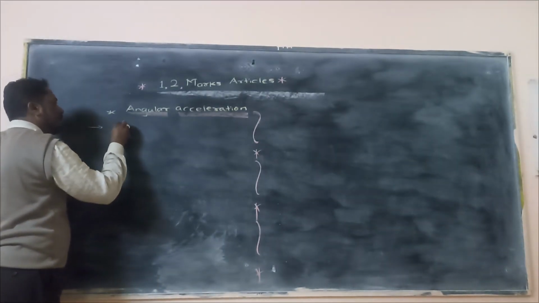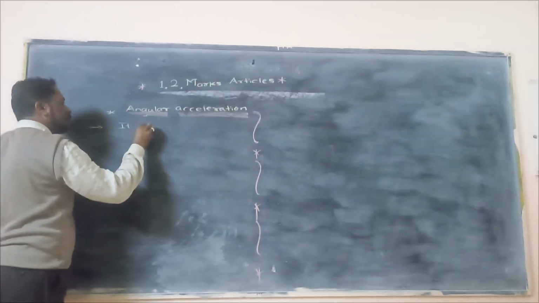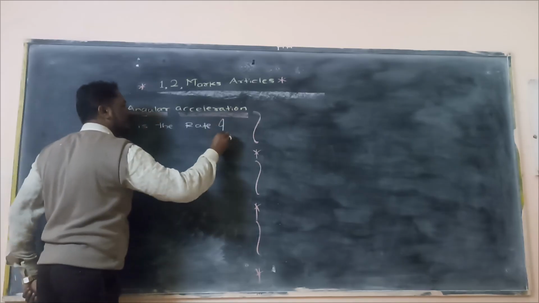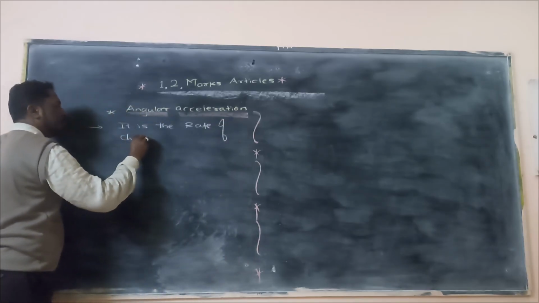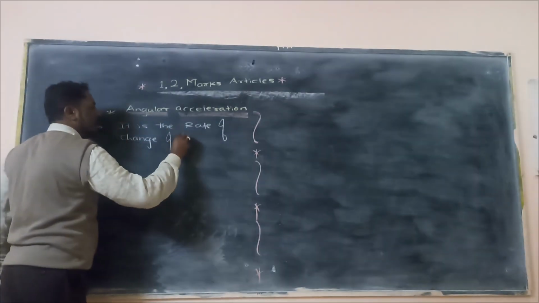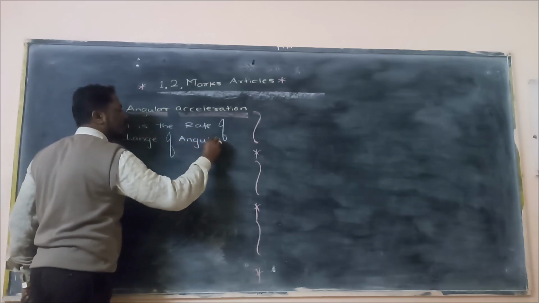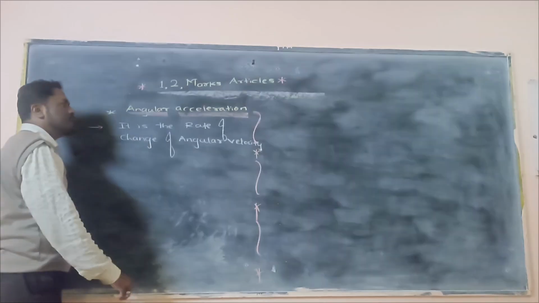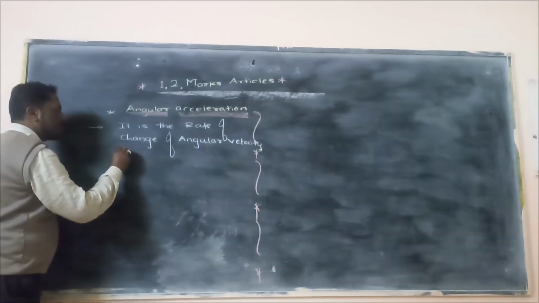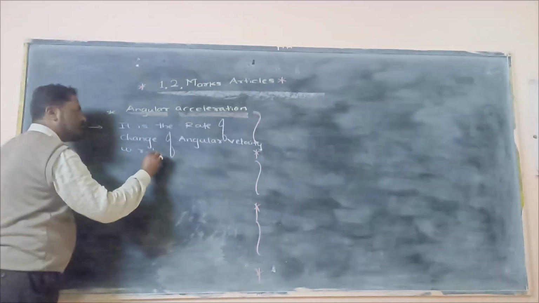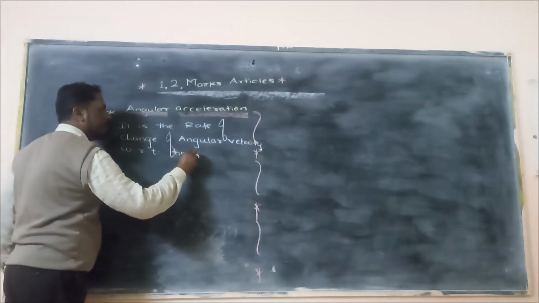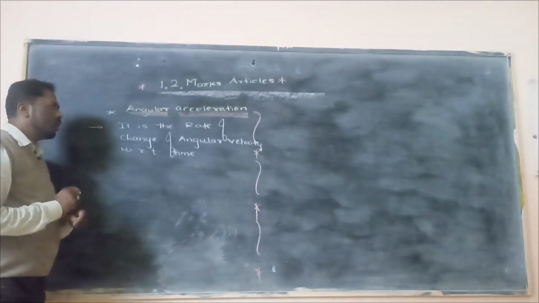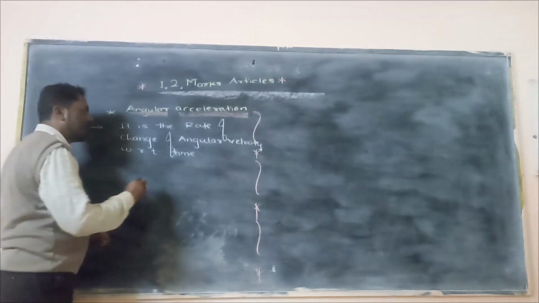Angular acceleration is the rate of change of angular velocity with respect to time. What is angular acceleration? It is the rate of change of angular velocity with respect to time.